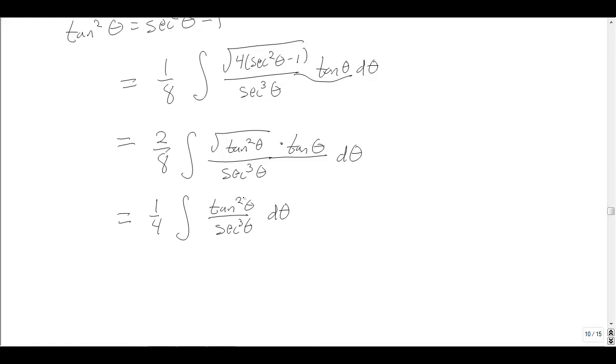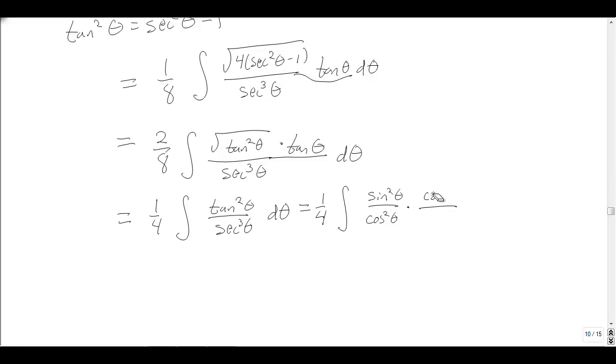You get these integrals with the tangents and the secants here. One trick you can use is to convert everything to sines and cosines and see if something nice happens. So let's try that. So we get 1/4 antiderivative. Tangent squared theta, that's going to be sine squared theta over cos squared theta. And then secant cubed theta would be 1 over cosine cubed, but that's going to go to the top as a cosine cubed.